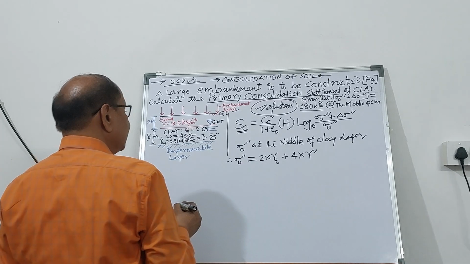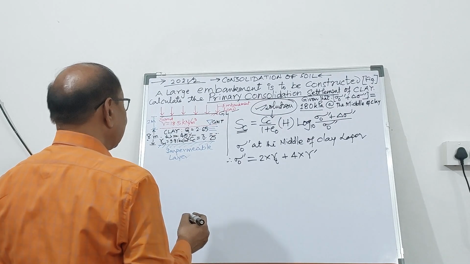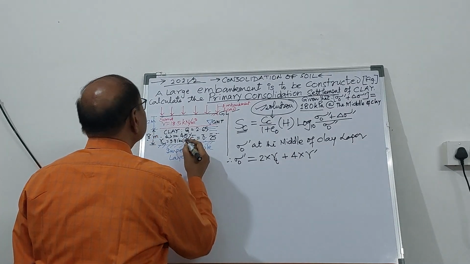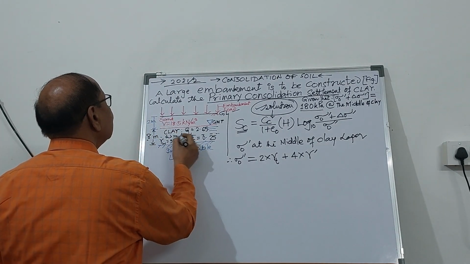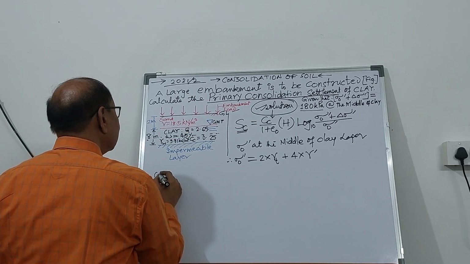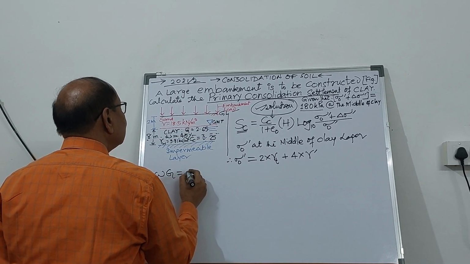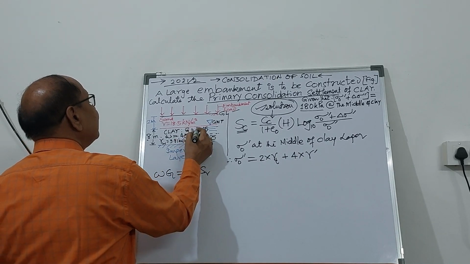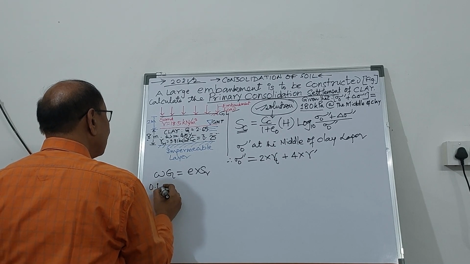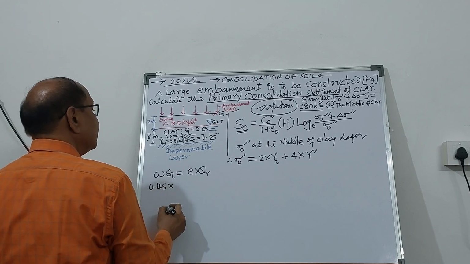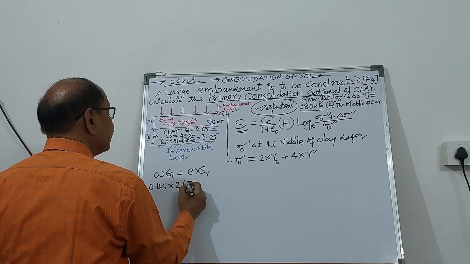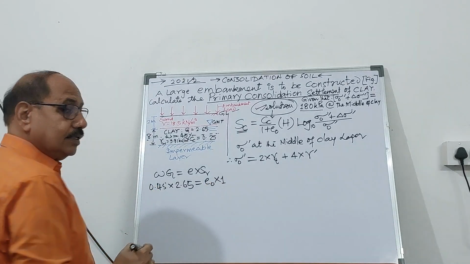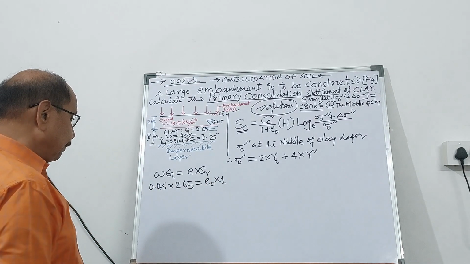Now, what is the submerged unit weight of the clay soil mass? Because you know that this is going to be in saturated condition. Now, here w into G equal to e into Sr. This is the famous relationship, where w is given as 0.45 and G is given as 2.65, equal to e naught multiplied by Sr, and for fully saturated, the degree of saturation will be unity.